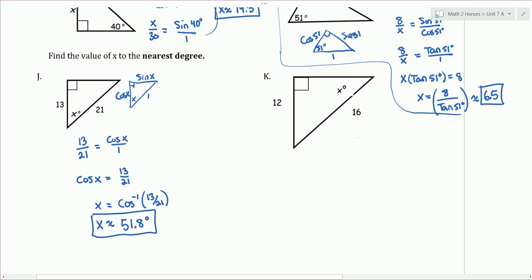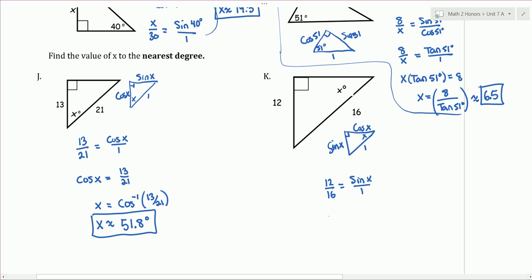Part K, I'm going to draw a similar right triangle, hypotenuse of 1, an angle x. Here we have sine of x, opposite is sine, and adjacent is the cosine of x. And so setting up a fraction, we have 12 over 16 is equal to sine x over 1.